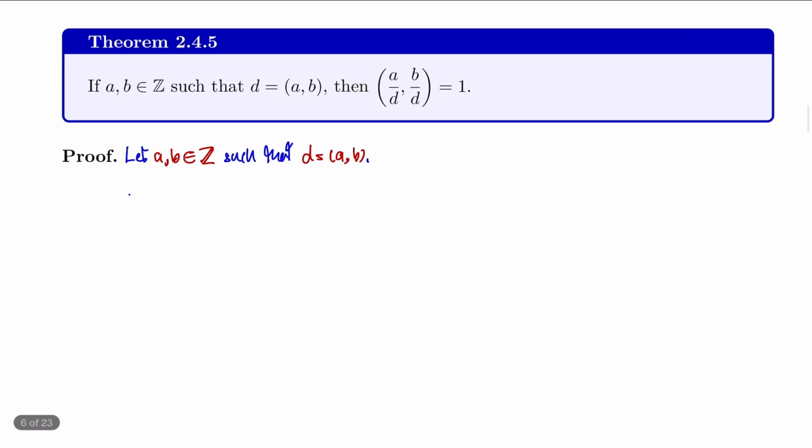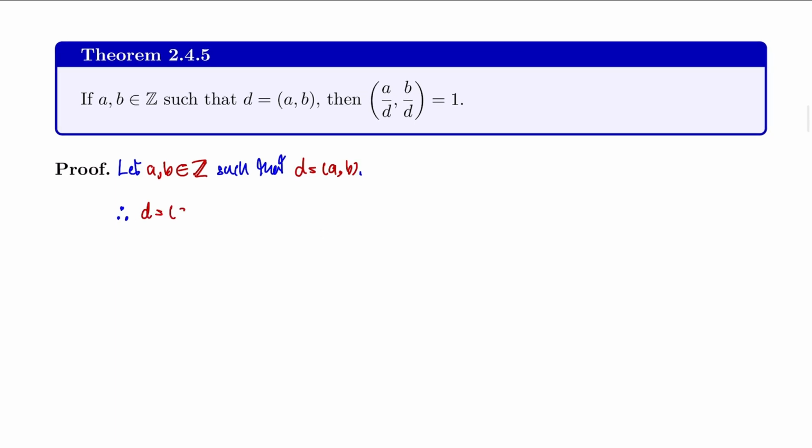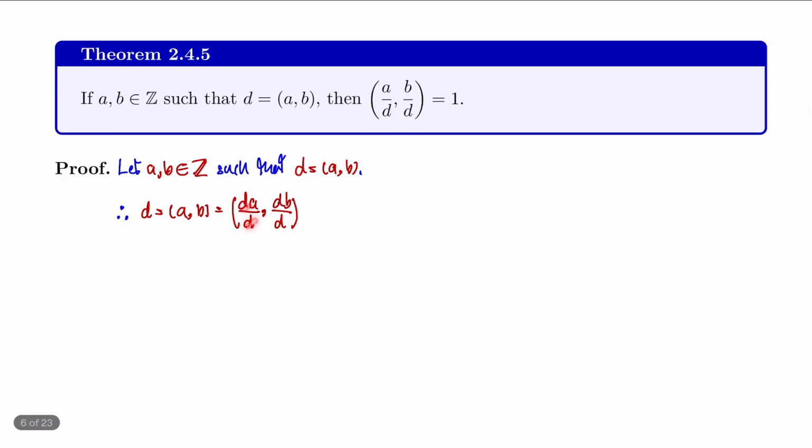Then we're gonna have d, which is the greatest common divisor of a and b, which is d·a over d and d·b over d. Okay, we can write this fraction because we multiply and divide by d.